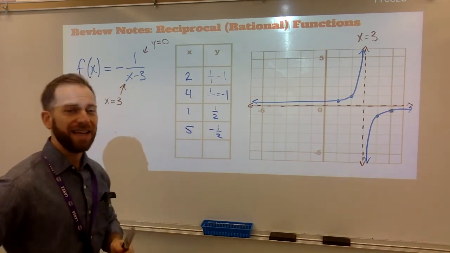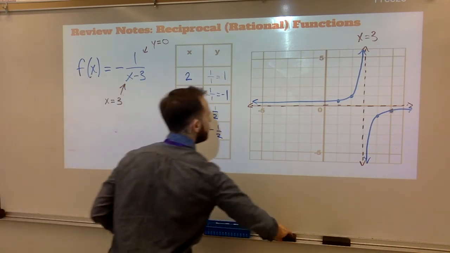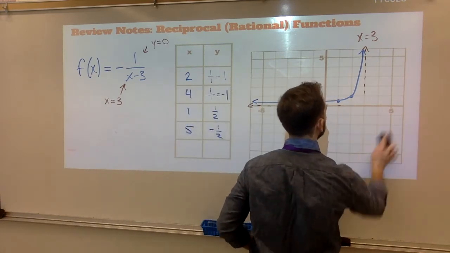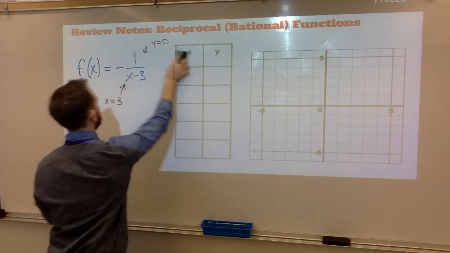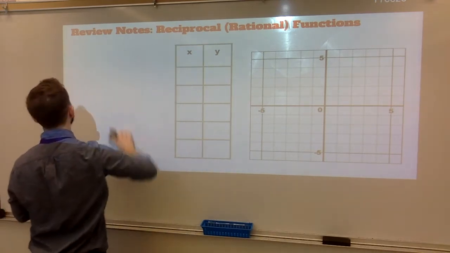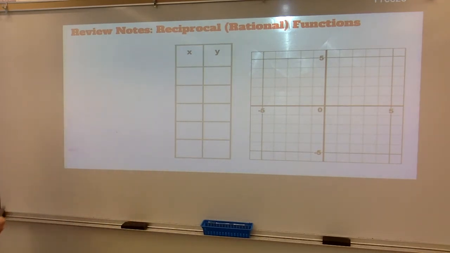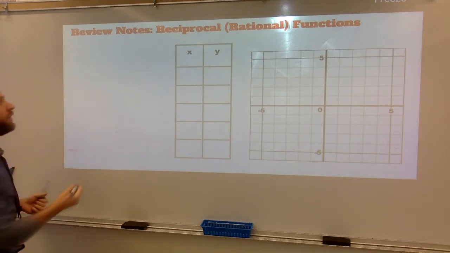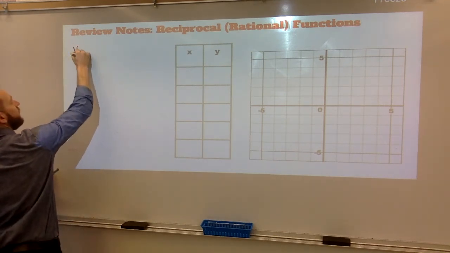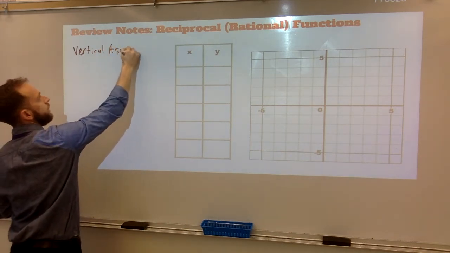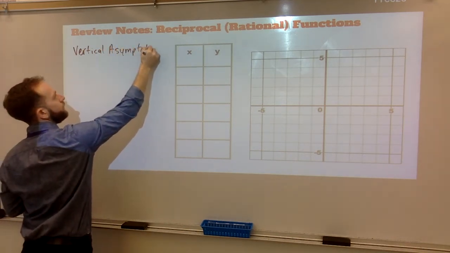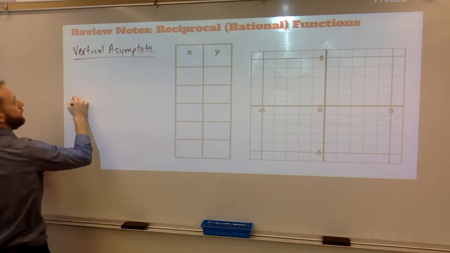Now, let's say you're given a slightly different problem. Let's say you're given a couple of characteristics or parameters of the graph. Let's say the vertical asymptote and the horizontal asymptote are given to you.